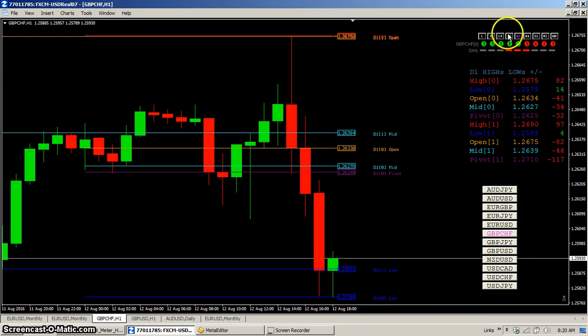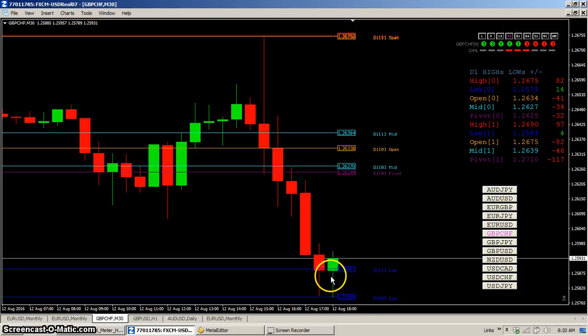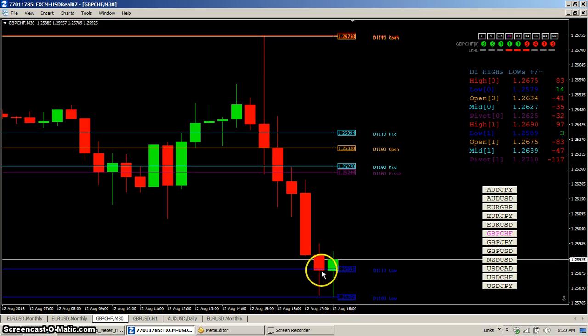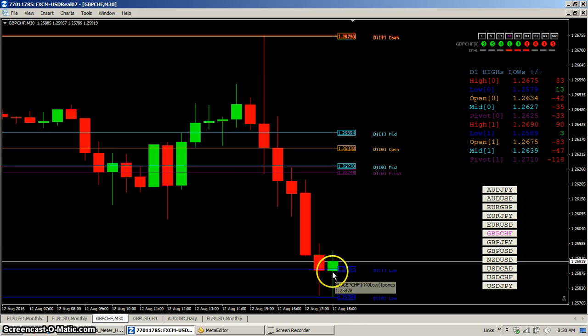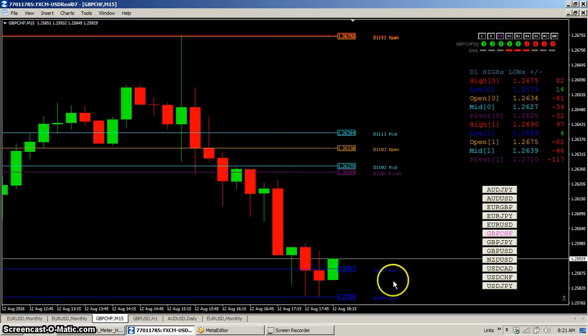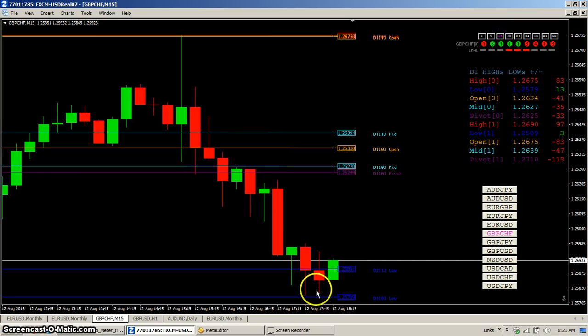Now, some people have been using different entries. This was the M30, but you see here it made a new one, but it barely pushed. So some people would say, look at price action. Came down and up, down and up. I'm getting in the trade right here. Let's look at the M15. Right here, according to M15, here was your lowest M15 open. It didn't make a new high that bar.